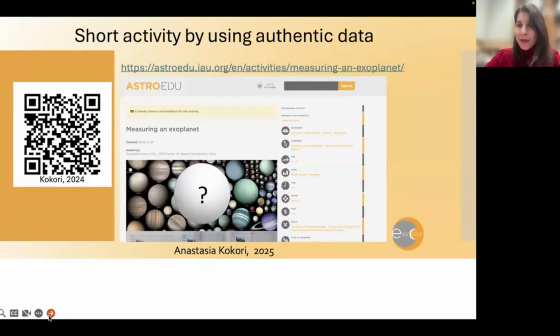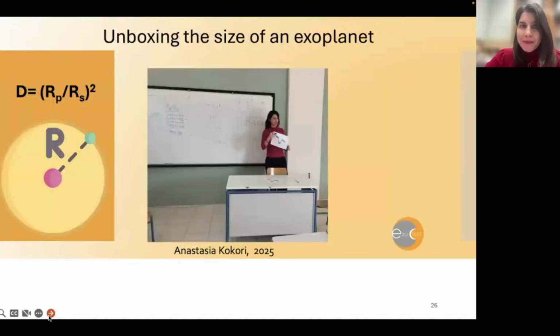If you don't have time to run an entire project, you can use these resources here to do a shorter activity. This is published in the Astro-IAU journal, and it is an activity about unboxing the size of an exoplanet by using a very famous formula in exoplanets.